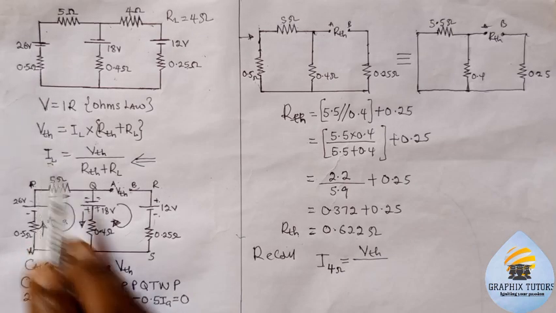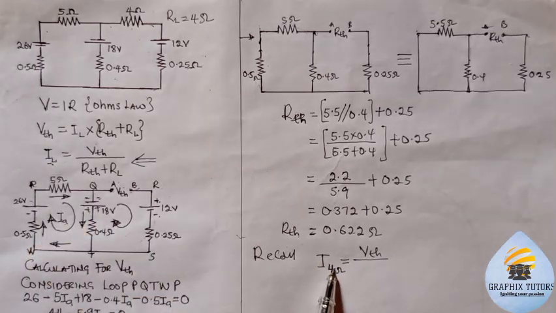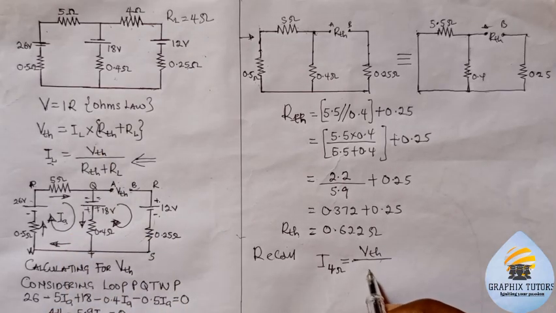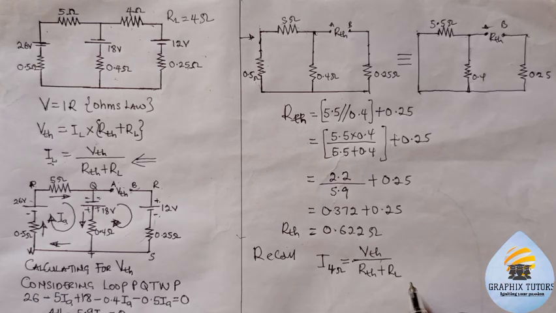This IL, where the L means the load, which is 4 ohms, will be the Thevenin voltage of that circuit divided by the Thevenin resistance plus the load that we removed.